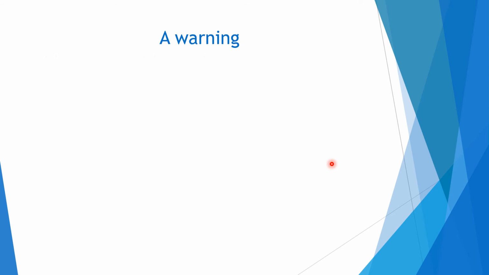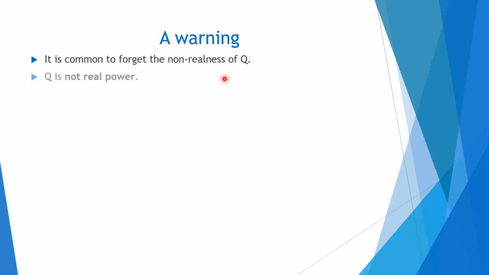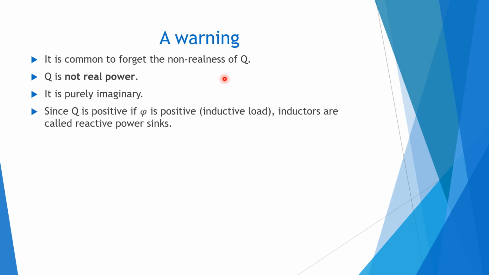Now here's another warning, and that's to not forget the imaginariness of Q. Q is not real, Q is imaginary. It is called reactive power, and there is a reason we call P real power, because it is real. Q is not real, and it averages out to 0 in a single cycle. Keep this in mind because an inductor has a positive Q drop across it.